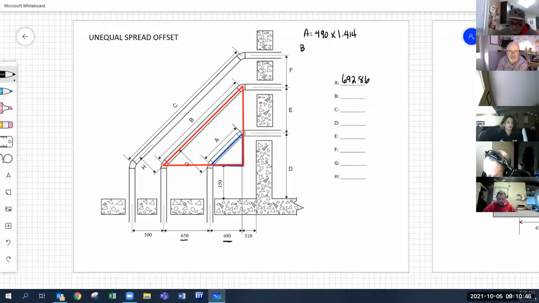So B is equal to 650 plus 490 with a bracket times 1.414. B is 1611.96.